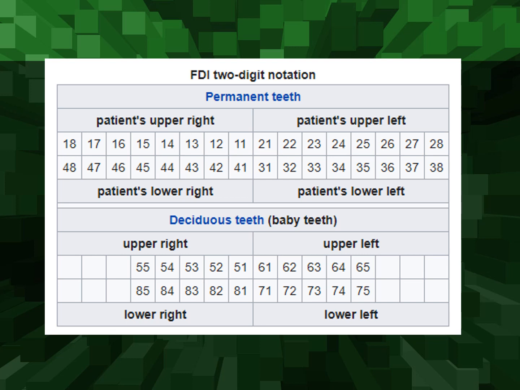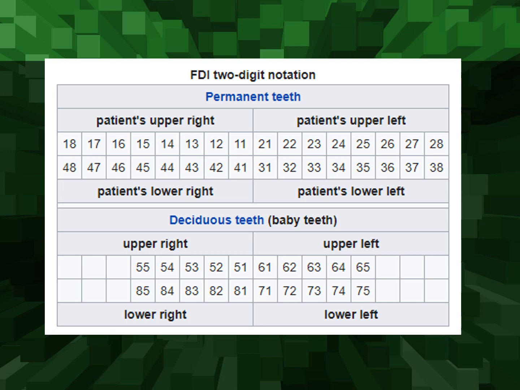The 4 quadrants: for the patient's upper right quadrant the first number is 1, upper left quadrant the first number is 2, lower left quadrant the first number is 3, and lower right quadrant the first number is 4.